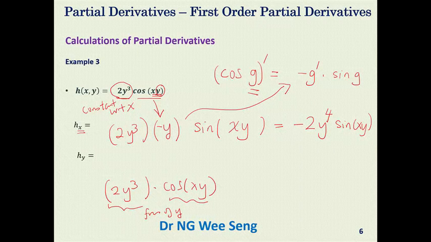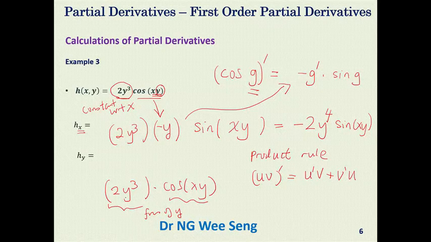So we need the so-called product rule. For single variable calculus, the product rule says the derivative of the product of 2 functions uv is given by u prime v plus v prime u. So it's understood here that little u is 2y cubed and little v is cosine xy.